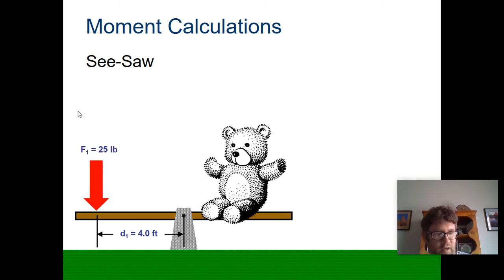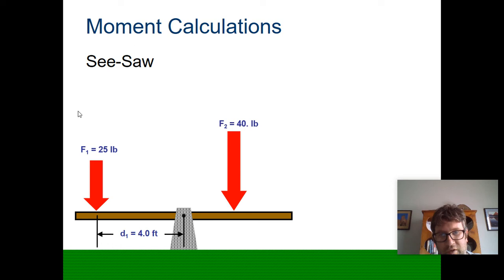All right, so if I were to calculate that, okay, F1 times D1 is going to be 100 pound feet or foot pounds. Okay, force 2 is 40 pounds, but we don't know what the distance is. So we have 4 times 25 on one side.